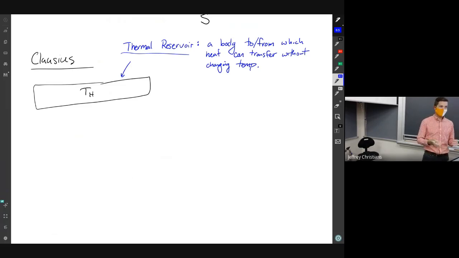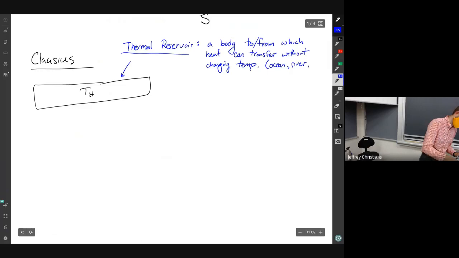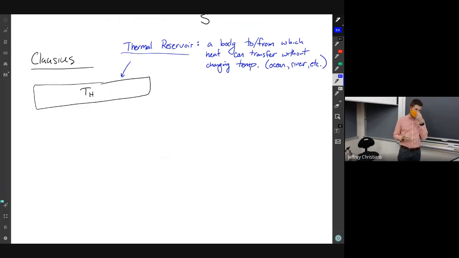The atmosphere is a pretty good approximation of a thermal reservoir. Something that's large, at least large in the context of how much heat you're putting in, right? The ocean, obviously, if you put in enough heat, does change temperature, but that's a lot of heat. So for a lot of systems, practically it acts as a thermal reservoir.